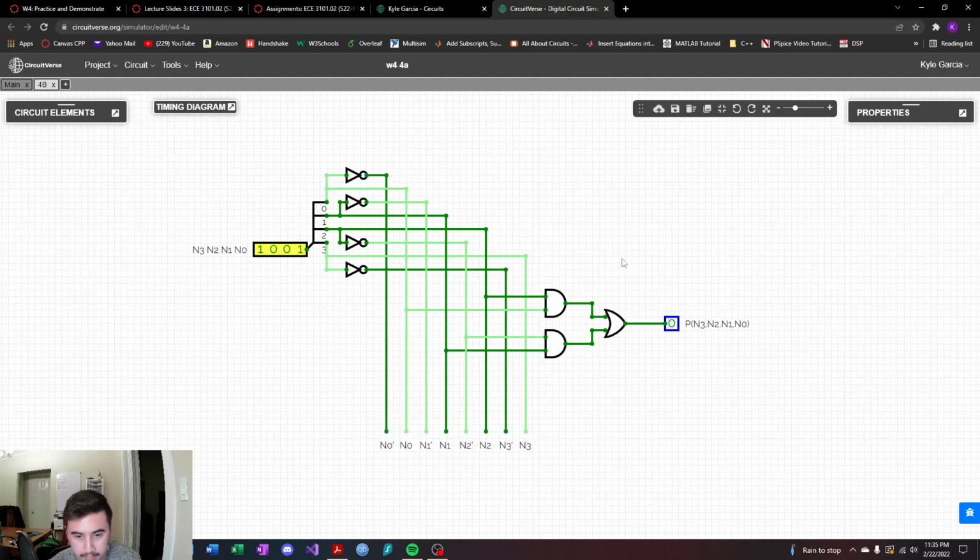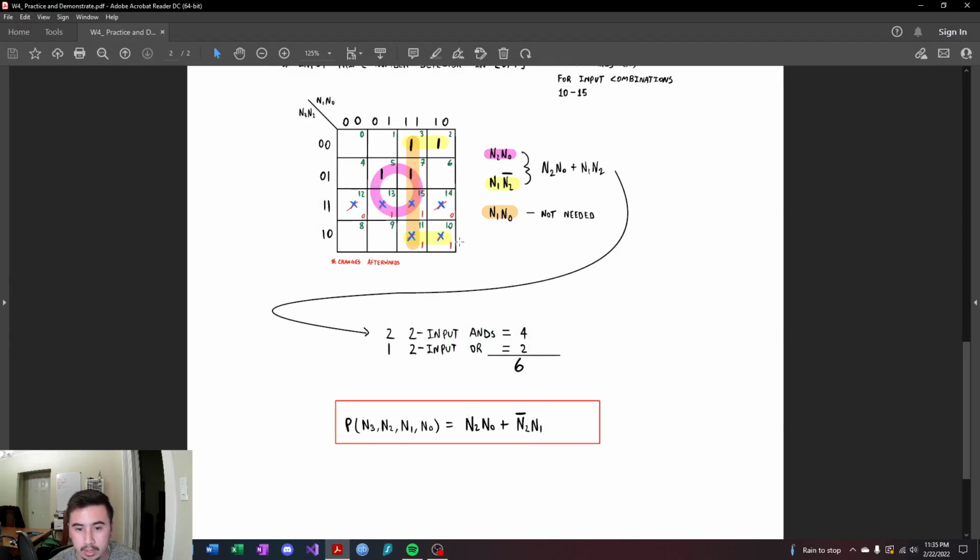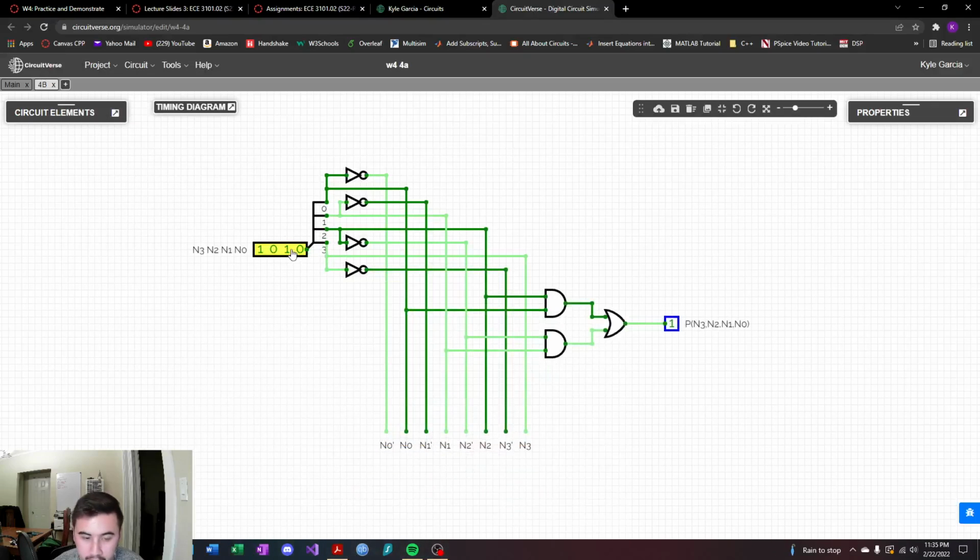Same for 9. Now, once we start getting to higher numbers, for instance 10, we're going to see that 10 is now a 1. But that's okay, because remember, we grouped 10, and it's a don't care, so now it's 1. The same goes for 11. Even though 11 is a prime number, we did say it's a don't care, and it's grouped with a 1, so it's also 1.